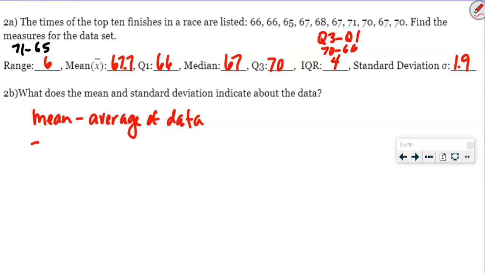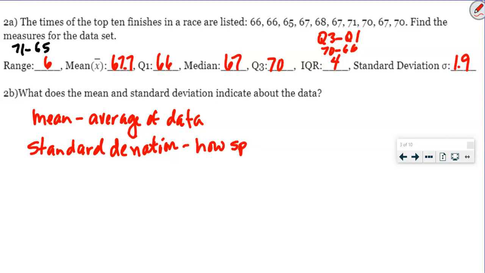Okay. Now the standard deviation has to do with the spread of the data. Standard deviation basically is how spread out the data is from the center.